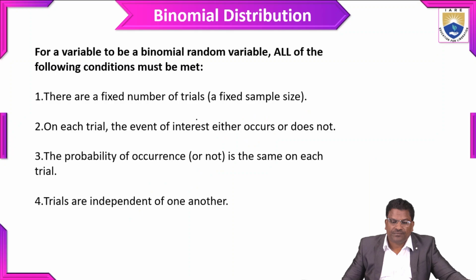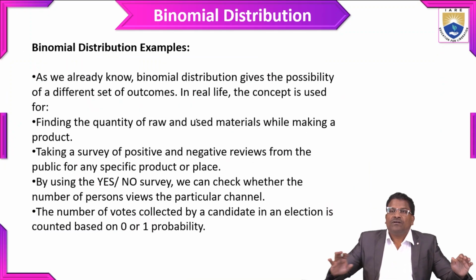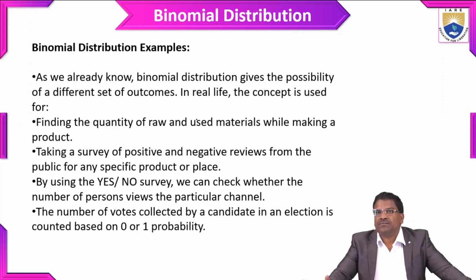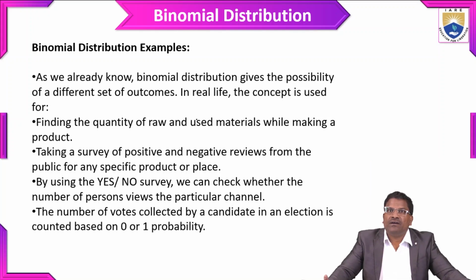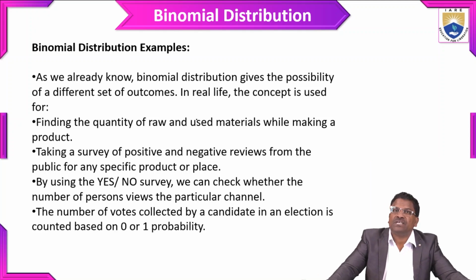So, in this binomial distribution, we are discussing various facts and how it holds for a discrete random variable, and what is the success probability, what is the failure probability, and depending upon that, what is the special case of this binomial distribution?